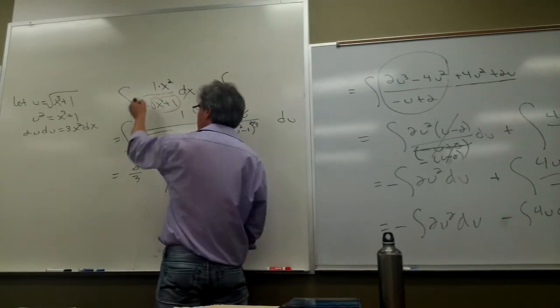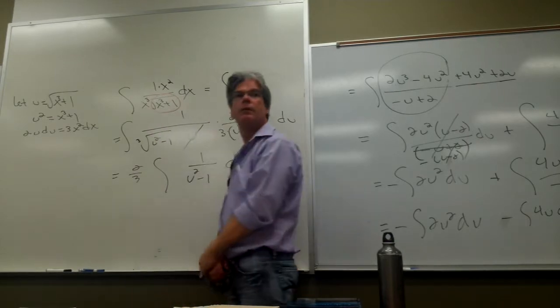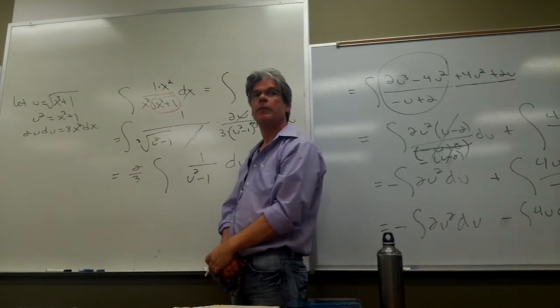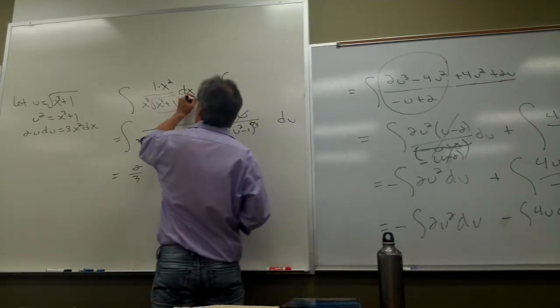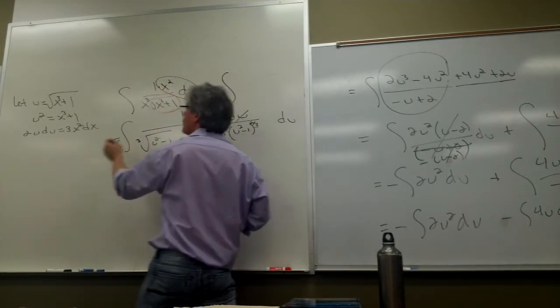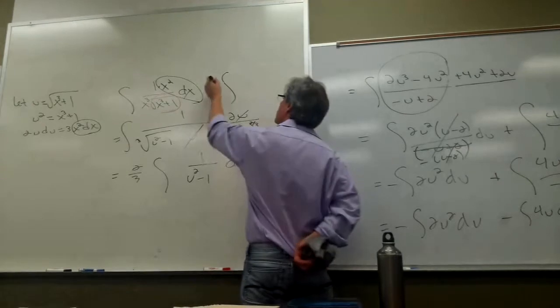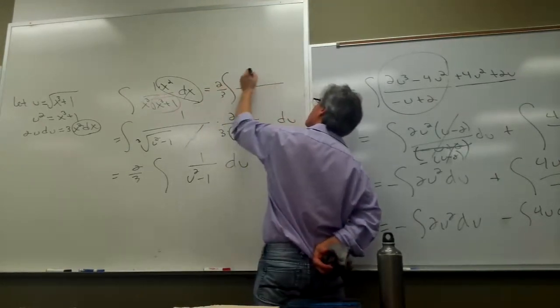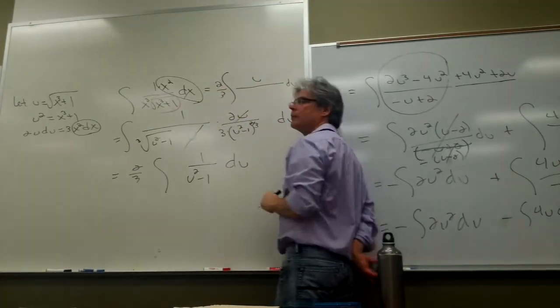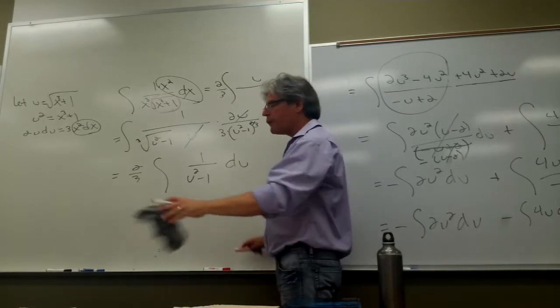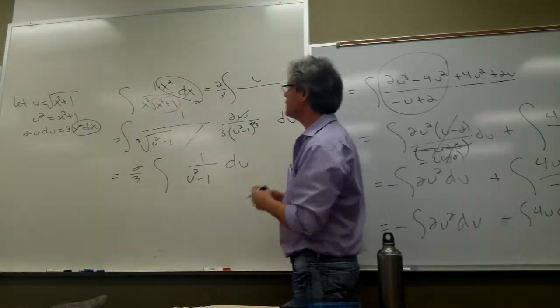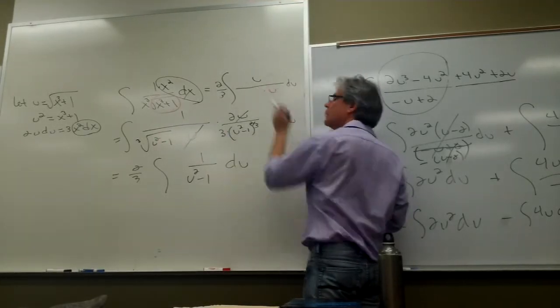You gotta multiply the denominator by x squared as well. Now, I think another name for what's inside this black circle is just 2/3 u du. And I think another name for what's inside this red circle is, oh, that's easy, that's just a u.